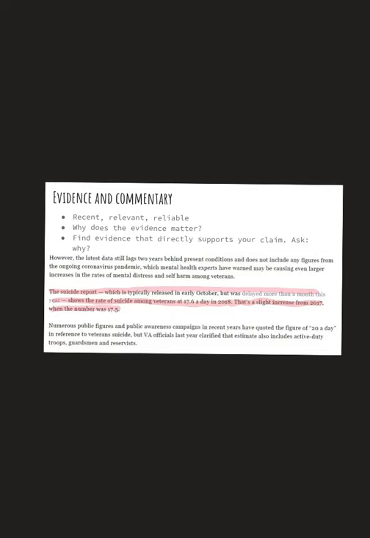Numerous public figures and public awareness campaigns in recent years have quoted the figure 20 a day in reference to veteran suicide, but VA officials last year clarified that estimate also includes active duty troops, guardsmen, and reservists. That's showing me that it's reliable because they've really done their research and they're disputing other claims of the 20 a day. I think this will be a good sentence to use for my evidence because it answers the why.